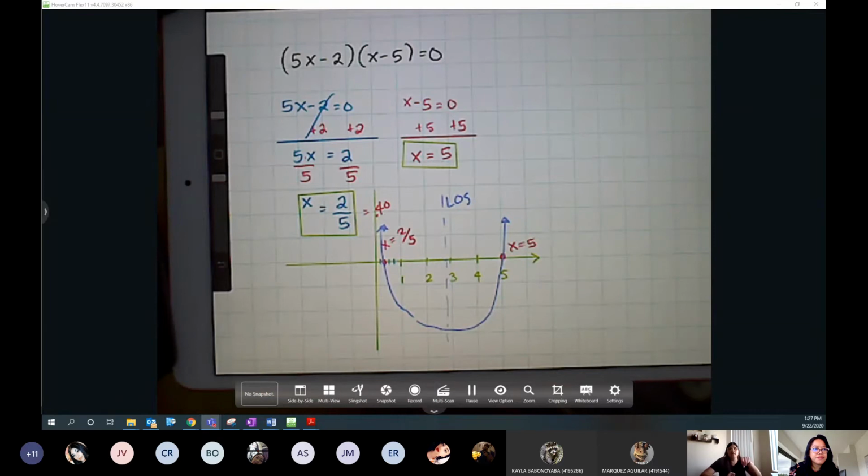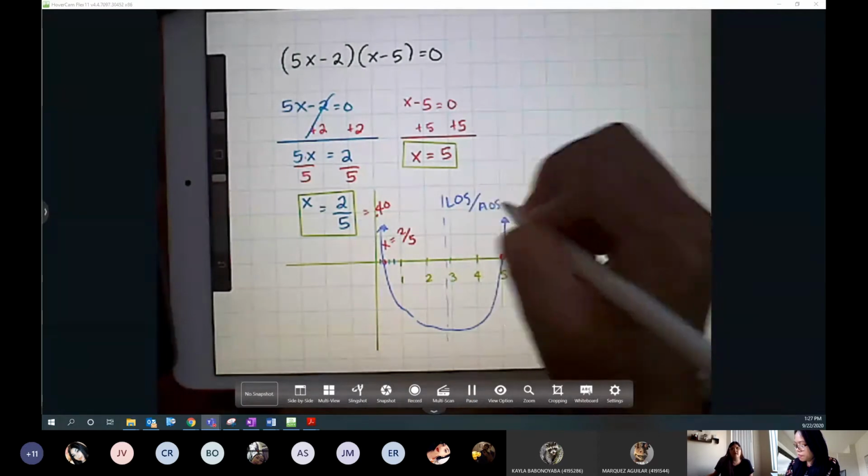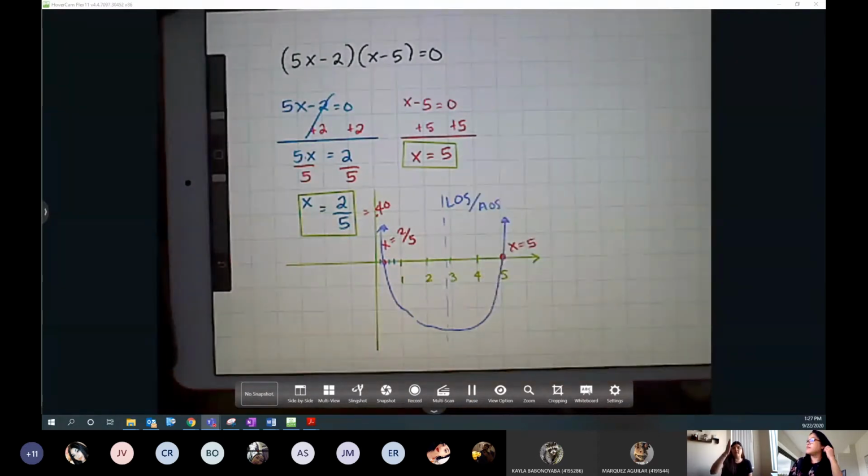And just so you guys know, the LOS, the line of symmetry, is the same as the AOS, the axis of symmetry. We use them interchangeably, but just in case you were like LOS, and if you weren't aware, that middle line is the same as the AOS, the axis of symmetry, just the x equals, and then whatever the x value was of that vertex point.